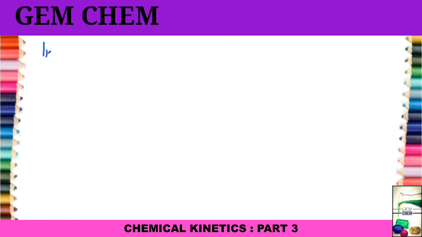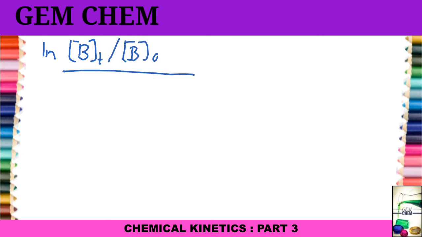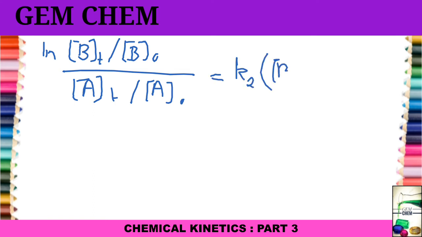So ultimately on rearranging we will get ln of Bt by B0 by At by A0 equals K2 times B0 minus A0 times time.